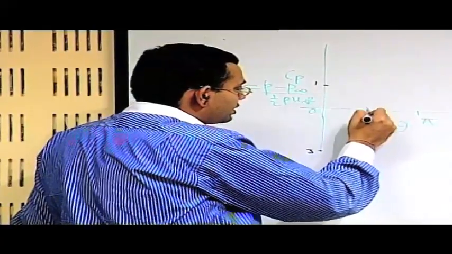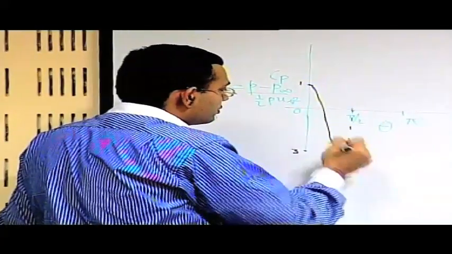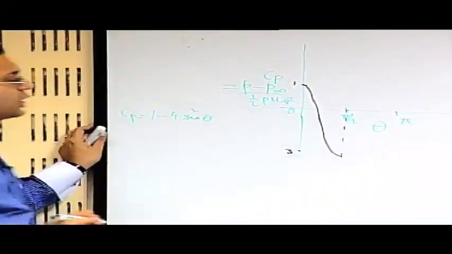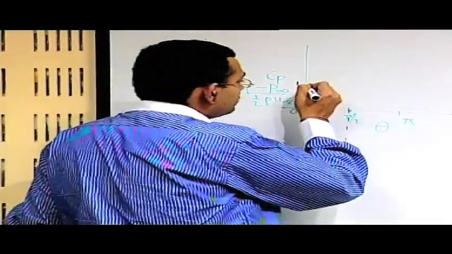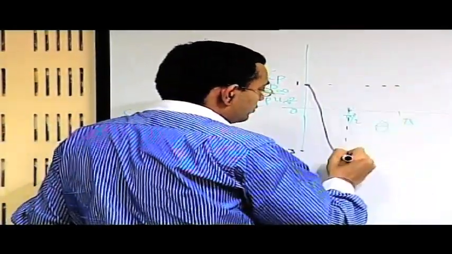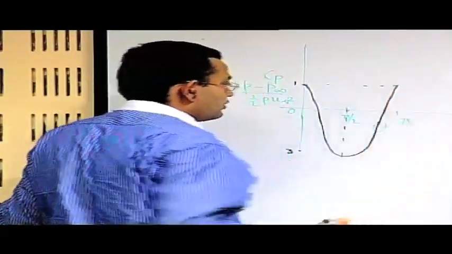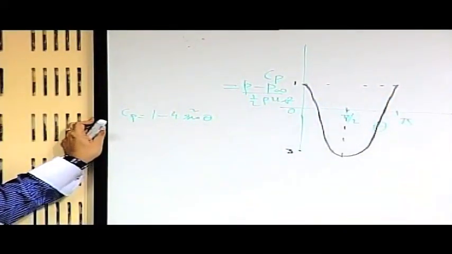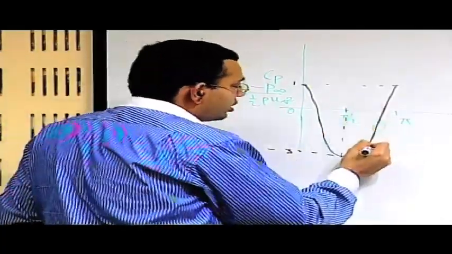So if you make a sketch of it like this, and then when theta equal to pi, 1 again. So something like this, okay. So this is the potential flow solution.